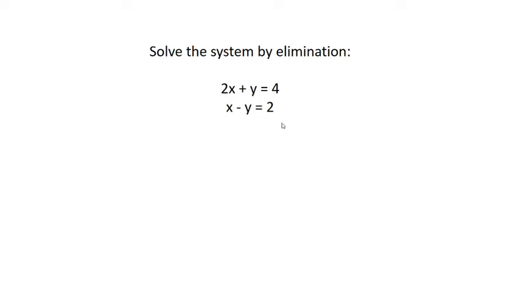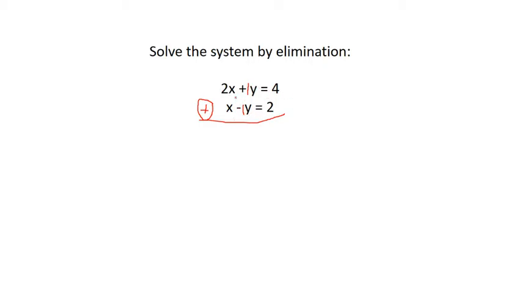So if you look at this example here that I have, if I'm gonna add these two equations, one of the variables is gonna eliminate, because here we have a coefficient of 1 and a negative 1.